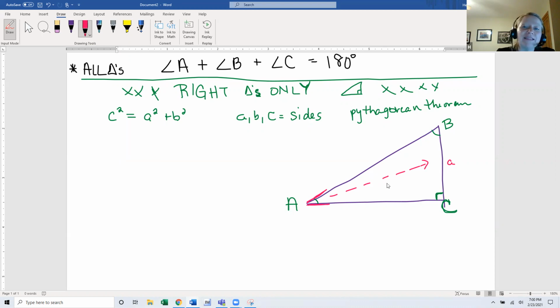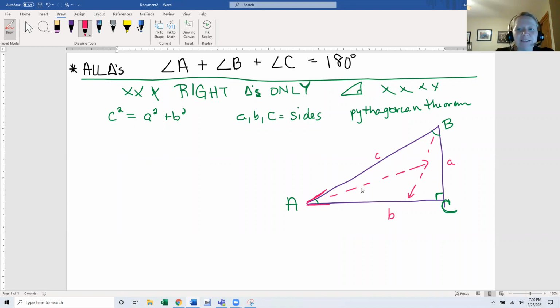So we want the letters that match to be across from one another. So my side B is going to be across from my angle B. And the same with side C, or angle C. Angle C, the side across from angle C, is going to be little c.